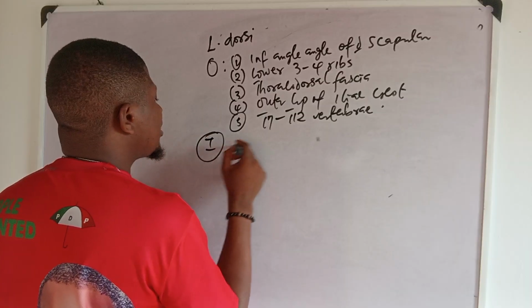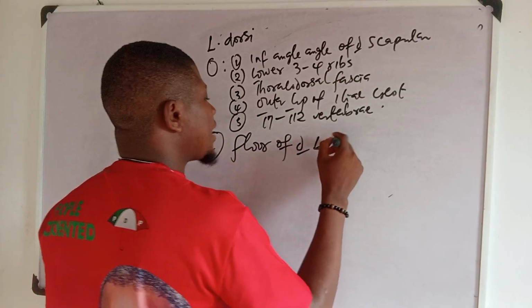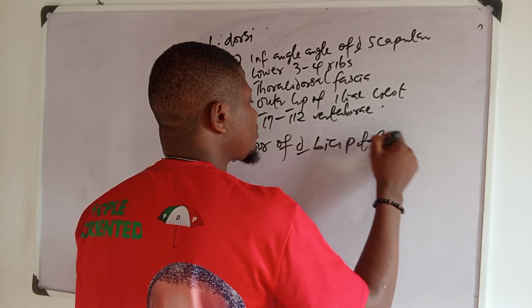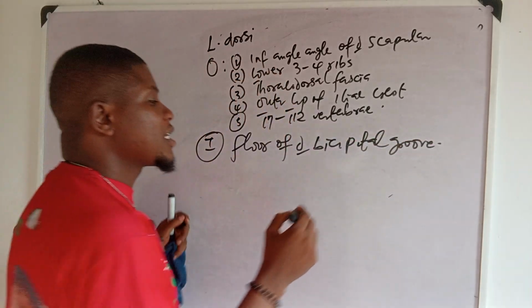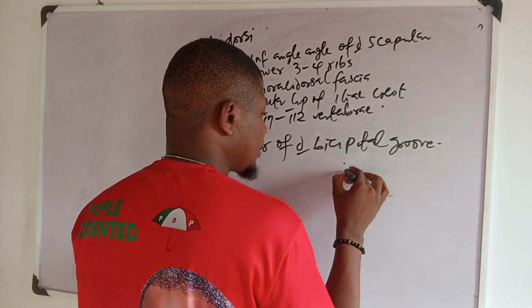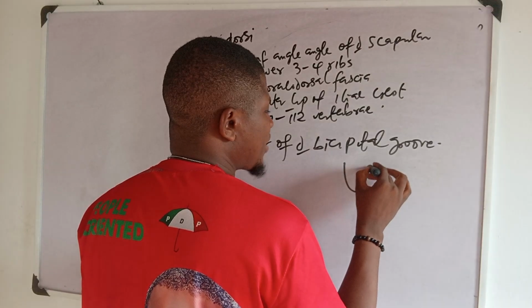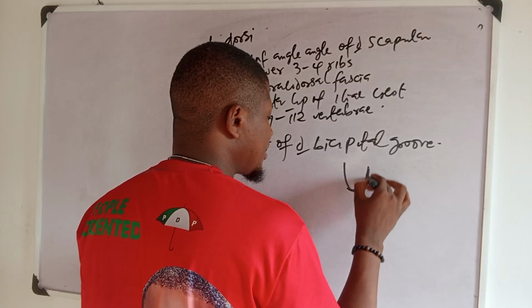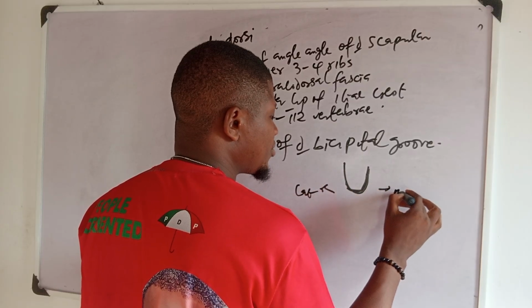Then the insertion is the floor of the bicipital groove. One thing about the bicipital groove: let's say it is something like this. Towards this side is lateral and towards this side is medial.